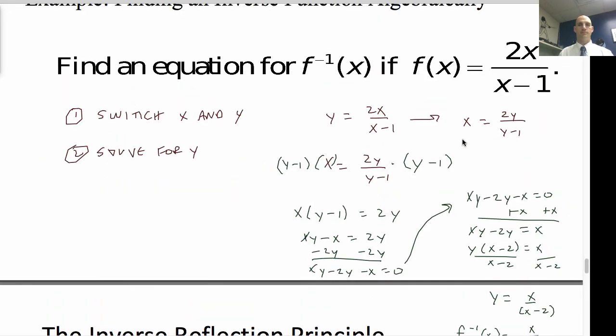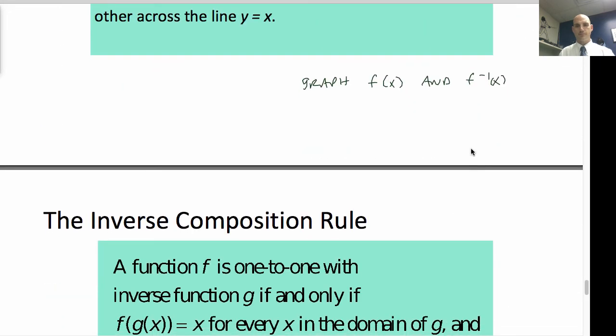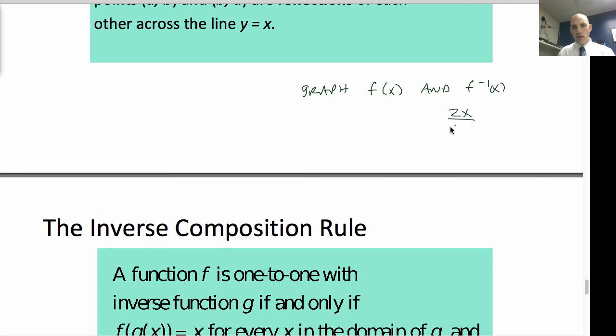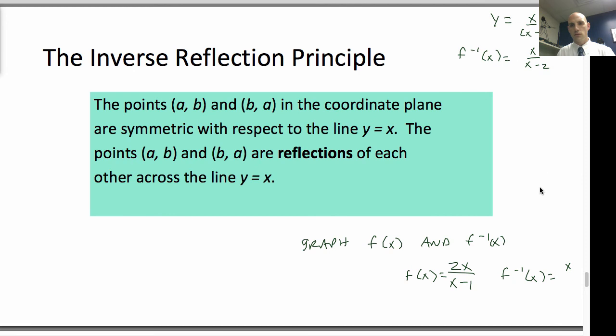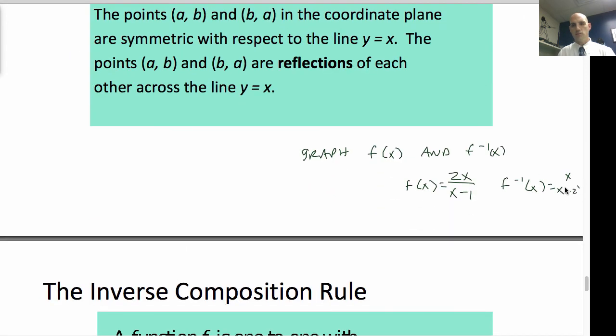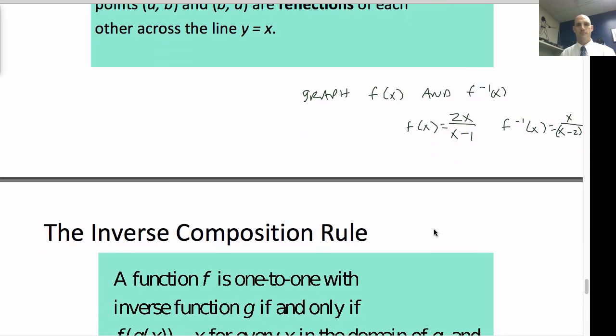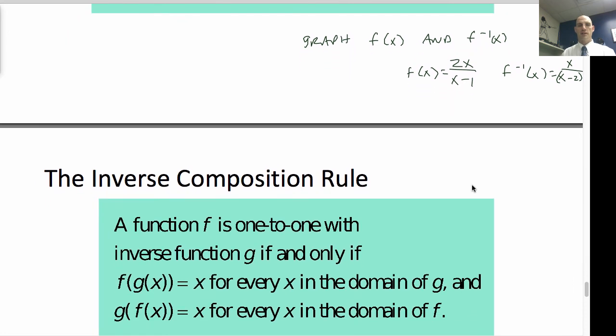Let's just do it. So 2x over x minus 1. This is f of x. And f inverse of x is equal to x over x minus 2. If I compose those, let's see what happens. Here we go. It's going to get a little crazy here, but let's just try it. Okay, so this is the inverse composition rule.